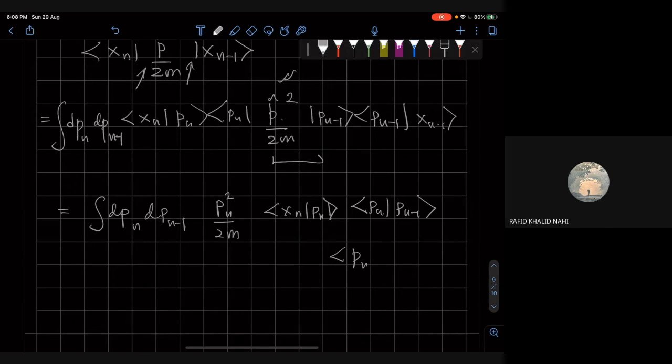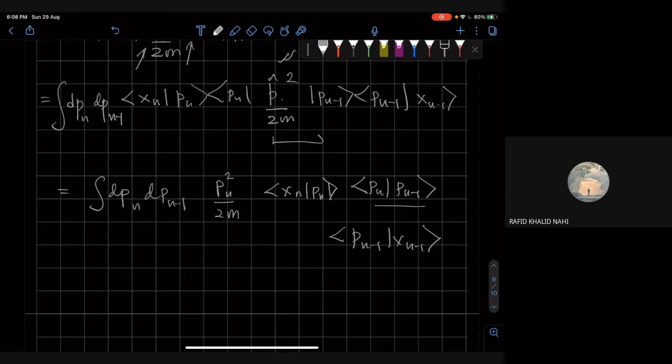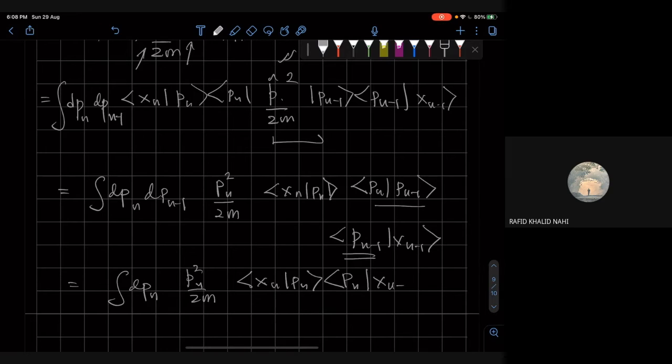And then we have the inner product of p_{n-1} and x_{n-1}. We can use this delta function and do one of the integrals. If I do one of the integrals, I have left over the integral of dp_n, p_n squared over 2m, and then the inner product of x_n and p_n, and now this p just becomes p_n, times the inner product with x_{n-1}.